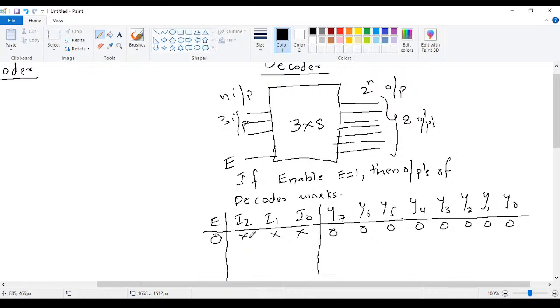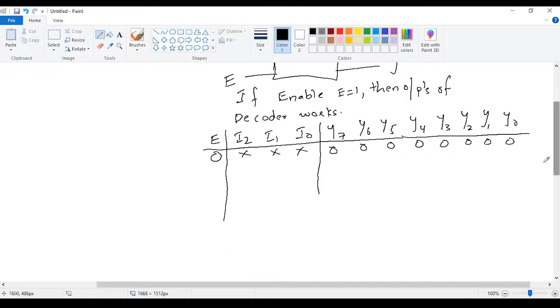If enable equal to 0, whatever selections you give, the outputs will not be shown. If enable equal to 1, then only we can get the output.